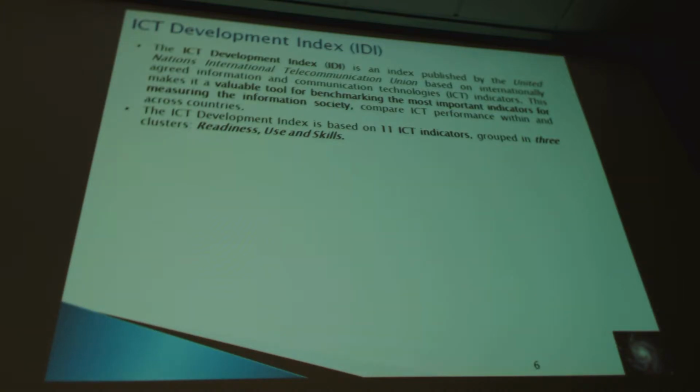This is based on certain indicators, so that this acts as a valuable tool for benchmarking the various indicators, as well as comparing ICT performance within and across different countries. There are 11 indicators in 3 clusters: readiness, use, and skills.